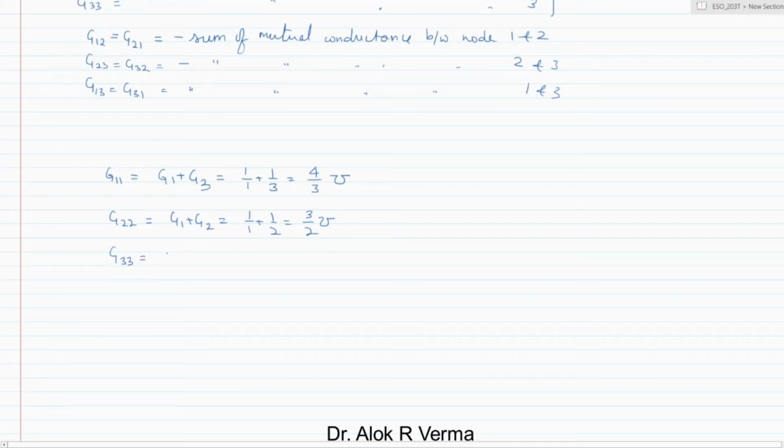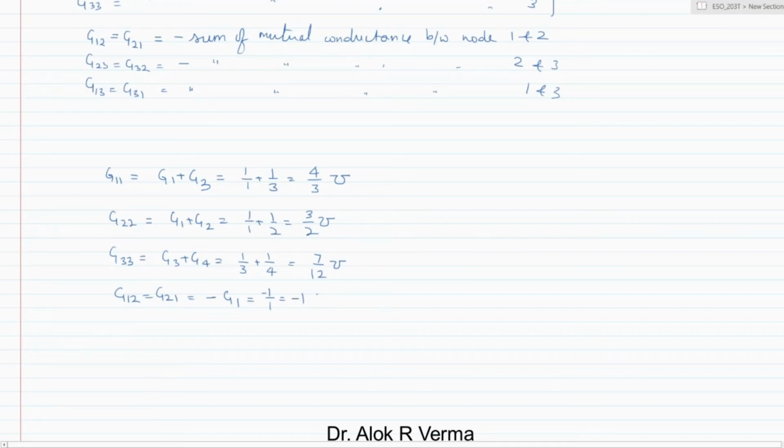G33 is G3 plus G4, which is 1 by 3 plus 1 by 4, that is 7 by 12. Now G12 or G21 is nothing but the negative of G1, which is minus 1 by 1, that is minus 1.